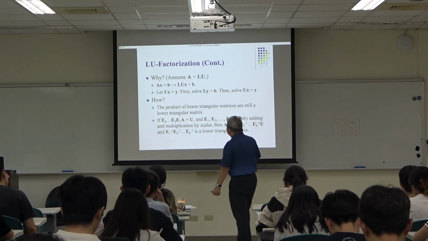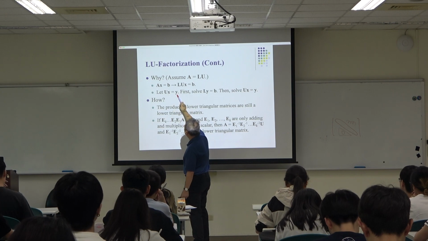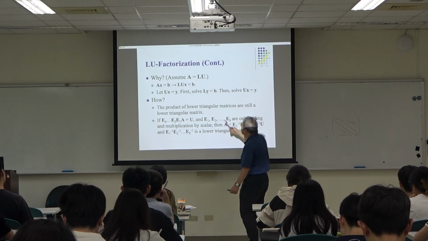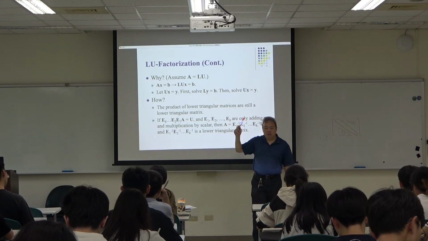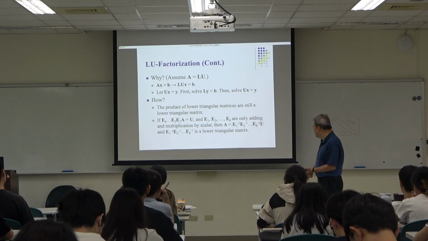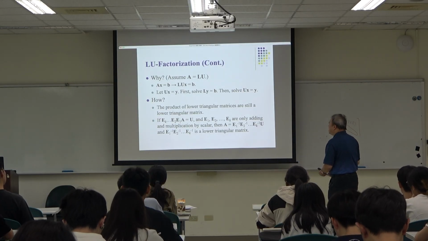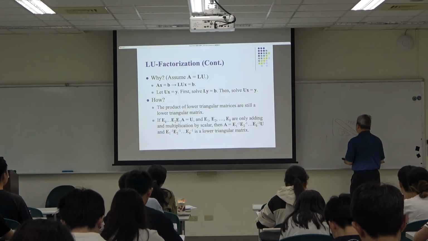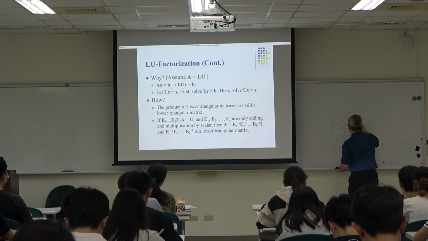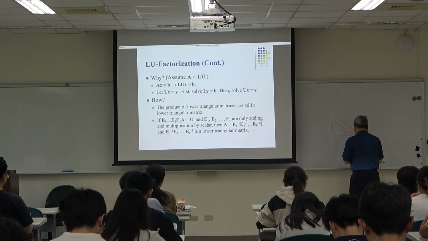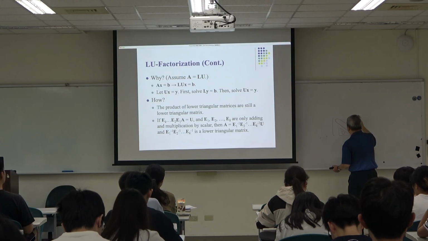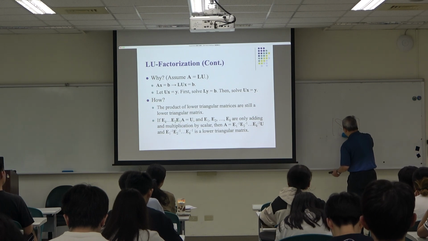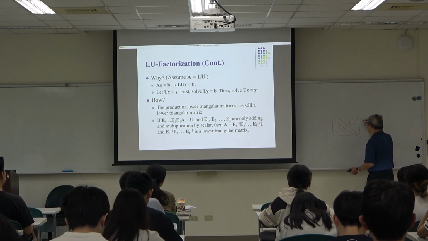If you let UX be Y, now you have LY equal to B. Remember, this is a lower triangular matrix, and all the elements here are zero.